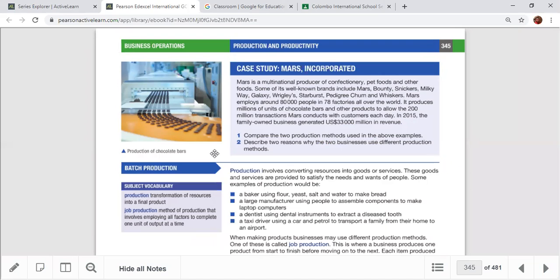It produces millions of units of chocolate bars and other products to allow the 200 million transactions Mars conducts with customers each day. In 2015, the family-owned business generated 33 billion US dollars in revenue.